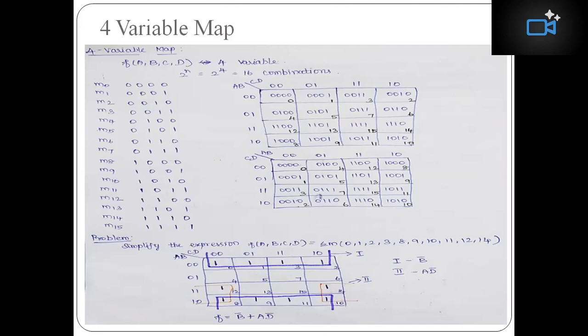Next, for group 2, check it out. It is columns 0, 0 and 1, 0. In that, B complement is common. Likewise, find the common variable in the rows.